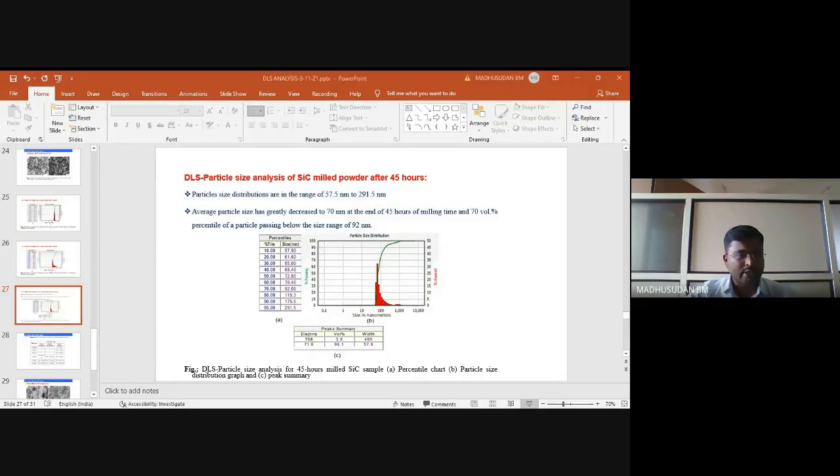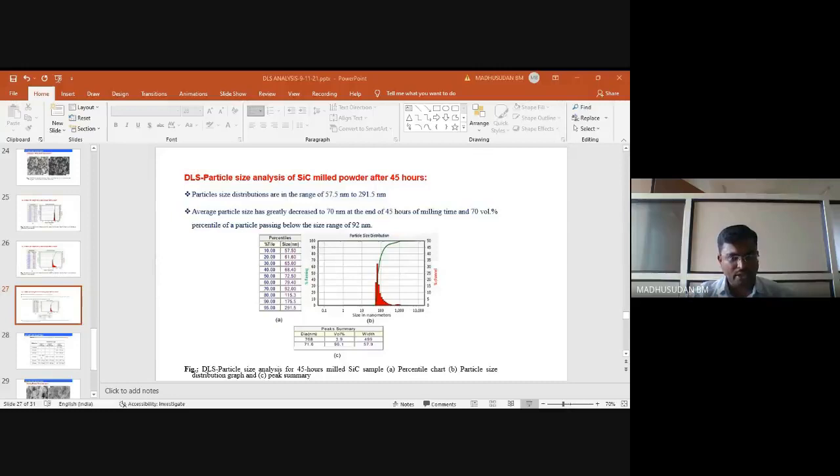In comparison with the previous test result of 30 hours of ball milling, the particle size has greatly decreased from 500 to an average of 50 to 200 nanometers. Okay, and also in this particle size distribution chart, you can identify that in the previous slide, the leftmost chart, the highest peak starts from the 100 nanometer, and here beyond the 100 nanometer towards the left side, there are many peaks you can see here.